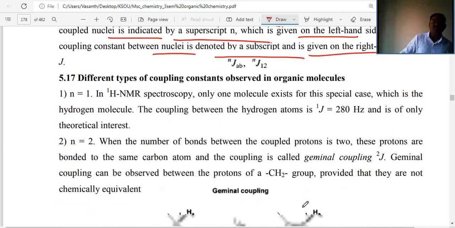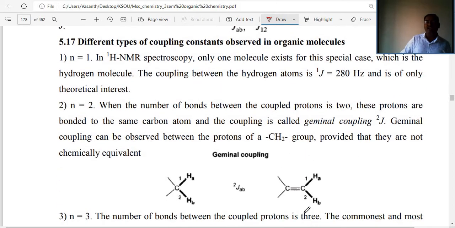The different coupling constants observed in organic molecules. We consider n equal to 1 in proton NMR spectroscopy. Only one molecule exists for this special case, which is the hydrogen molecule. The coupling between the hydrogen atoms is of only theoretical interest.